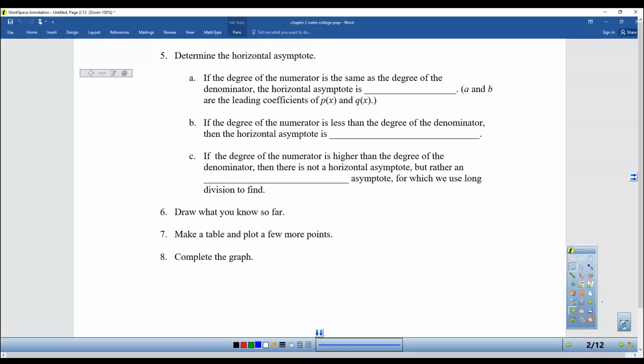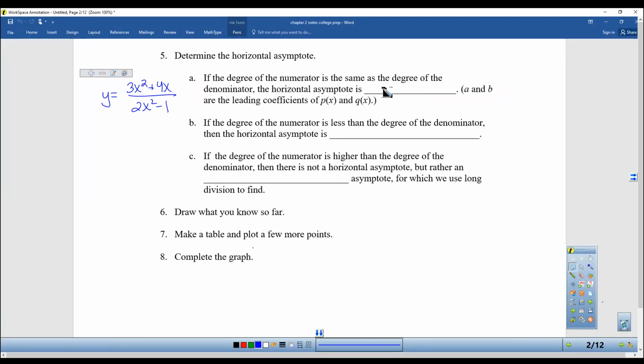And then there's going to be a horizontal asymptote. There are 3 different things that could happen with the horizontal asymptote. If the degree of the numerator is the same as the degree of the denominator, so let's say you had 3x squared plus 4x over 2x squared minus 1. They both have a degree of 2.